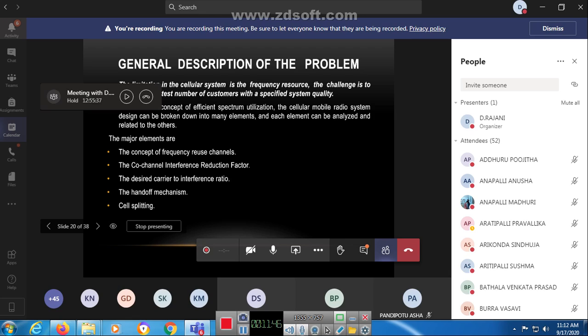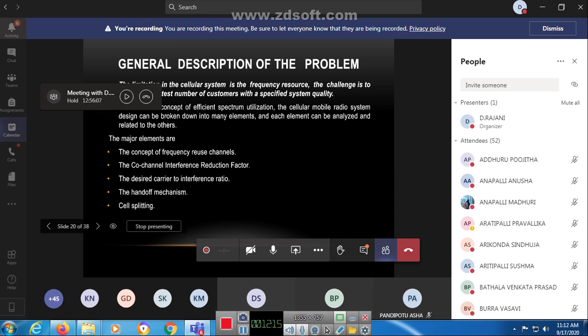Another one is what are the different types of cells we have. Basically we can take the micro cell. Micro means it is very small size, some 0.1 to 1 kilometer, for top buildings, malls or airports. Another one is the macro cell.